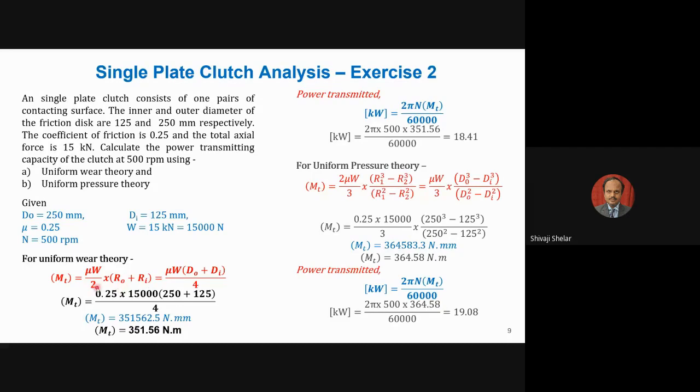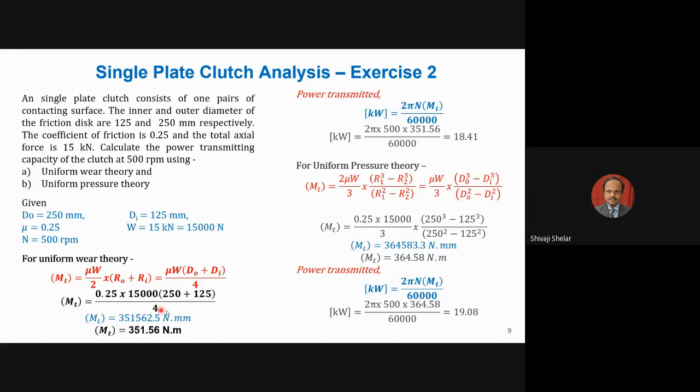That 2 comes out, so 2 into 2 becomes 4: mu W into do plus di upon 4. Let's put the values of mu, W, do and di in this equation. Mu is 0.25, W is 15,000 newton, do is 250 mm, and di is 125 mm.